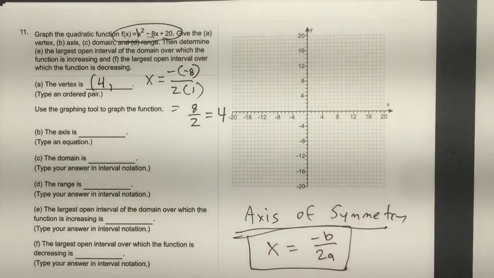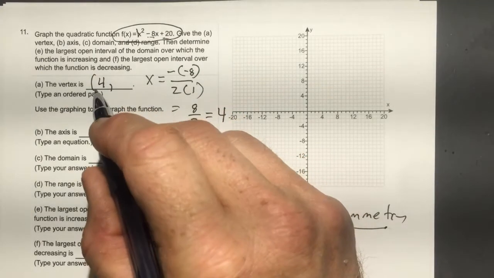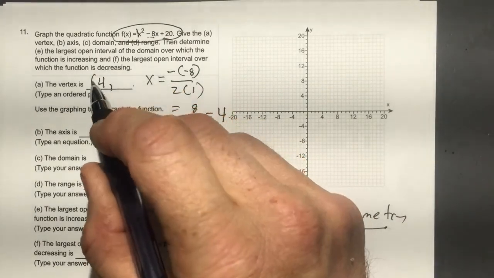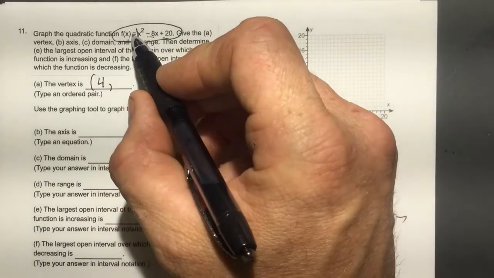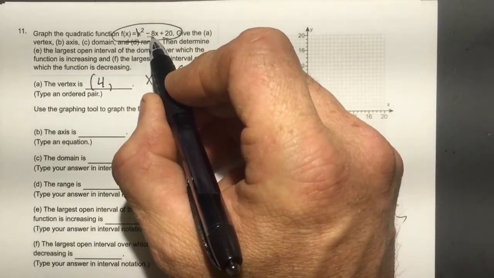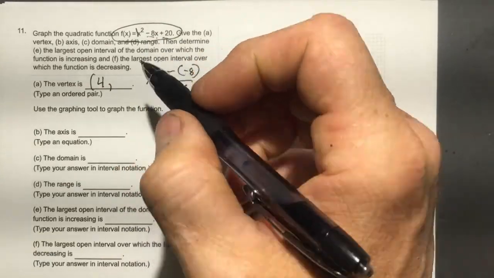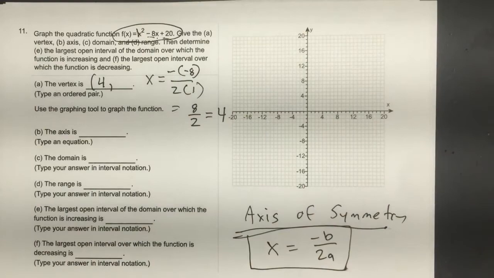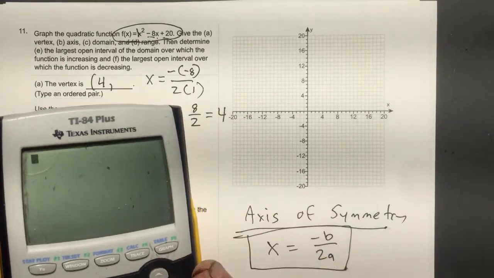All right, so now what I have to do is figure out the y value. So I just take 4 and I put it in the function. So I'm going to type this in, 4 squared minus 8 times 4 plus 20. I'm just going to type that in on the calculator. So let me get my calculator here. All right.